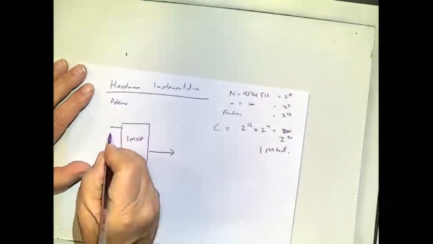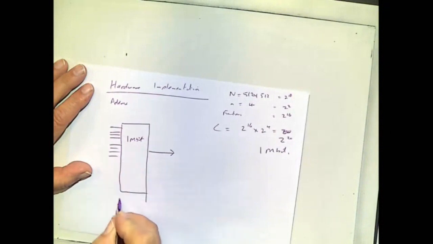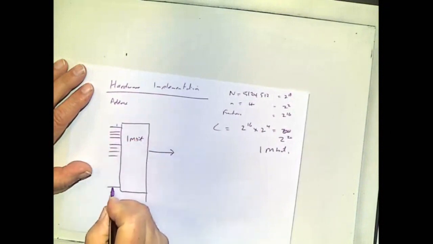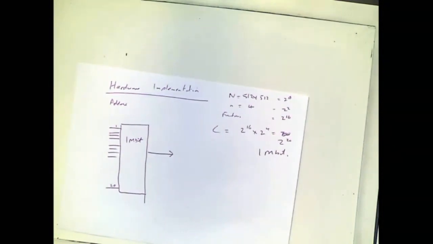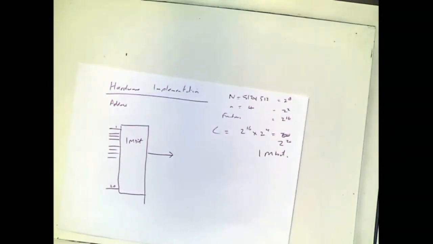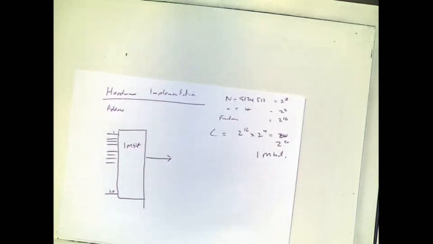Let's draw some of them. One down to 20. But I don't want a single function of 20 variables. I want functions of 4 inputs. My little n, my interval size, is 4.